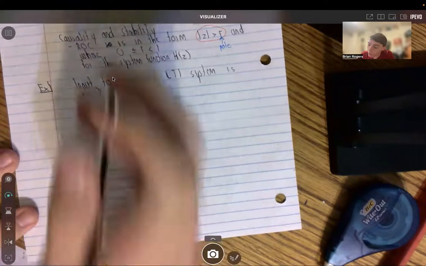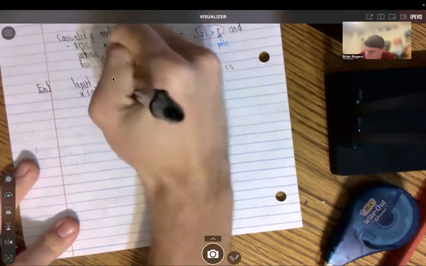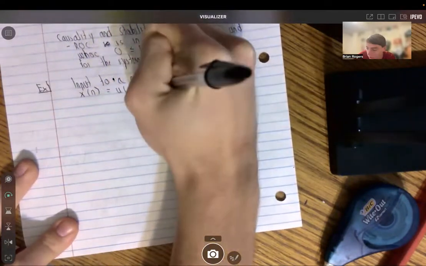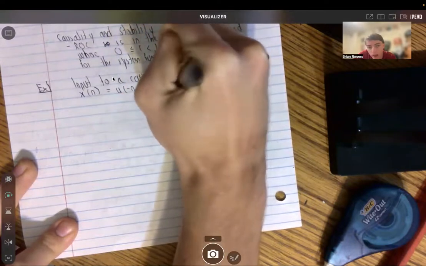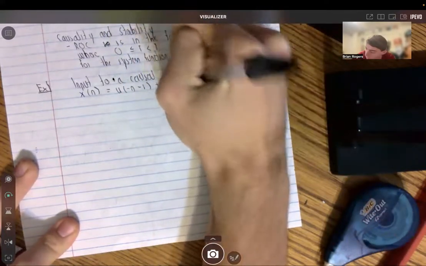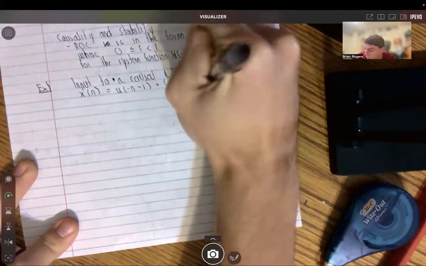So they gave us the input to a causal LTI system, which is u of negative n minus 1 plus (1/2) raised to the power of n, u of n.